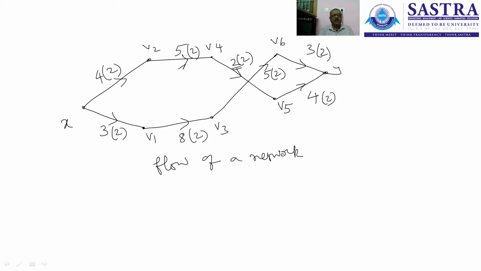Okay, and in the case of the source, incoming value would be 0, and in the case of the sink, the outgoing value would be 0. So that you have to keep in mind. Okay, so now let me define the next part.